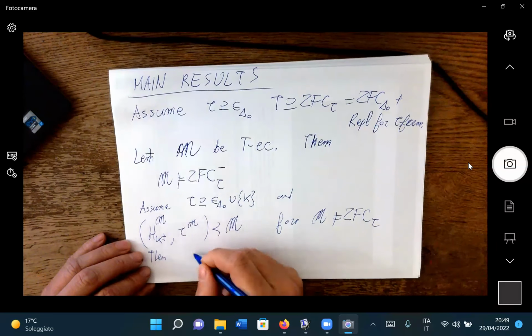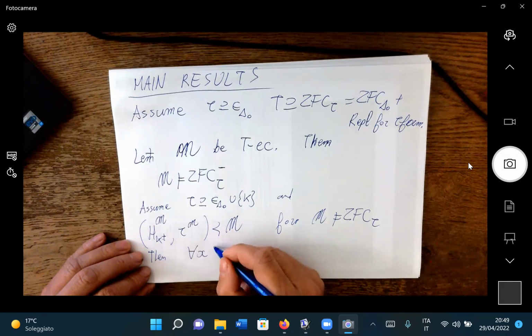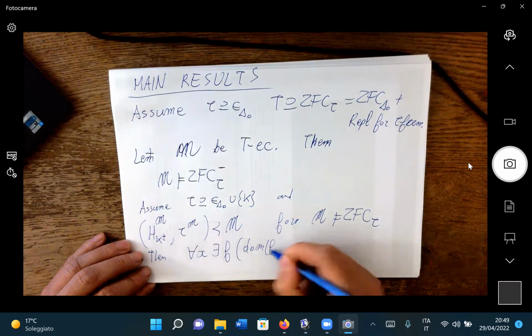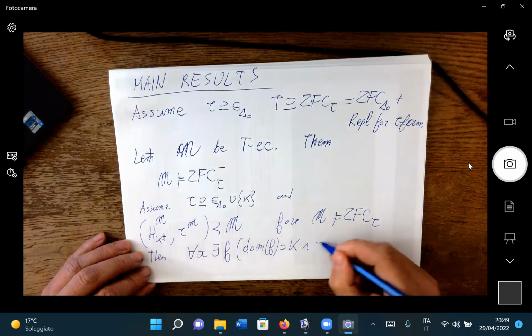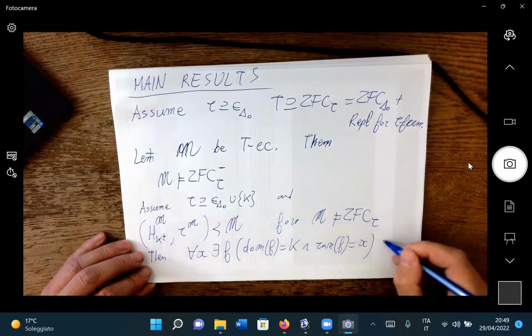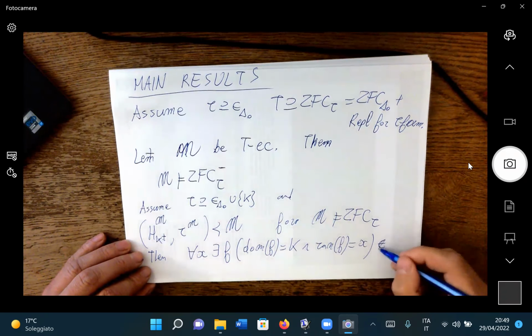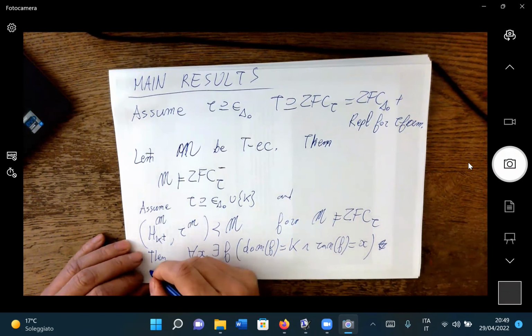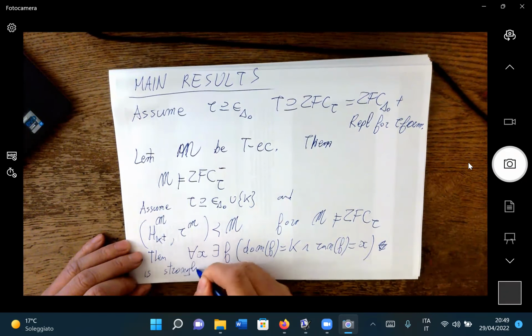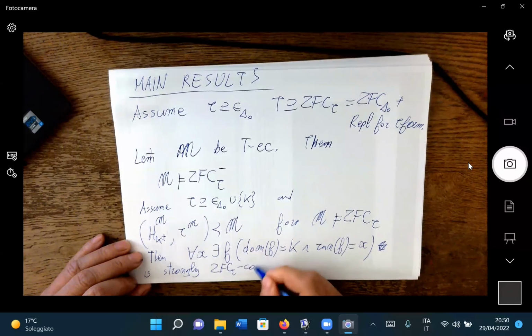Then for all X, there exists an F, dom F equals kappa, wedge, run F equals X, belongs to, well, is strongly ZFC tau consistent.